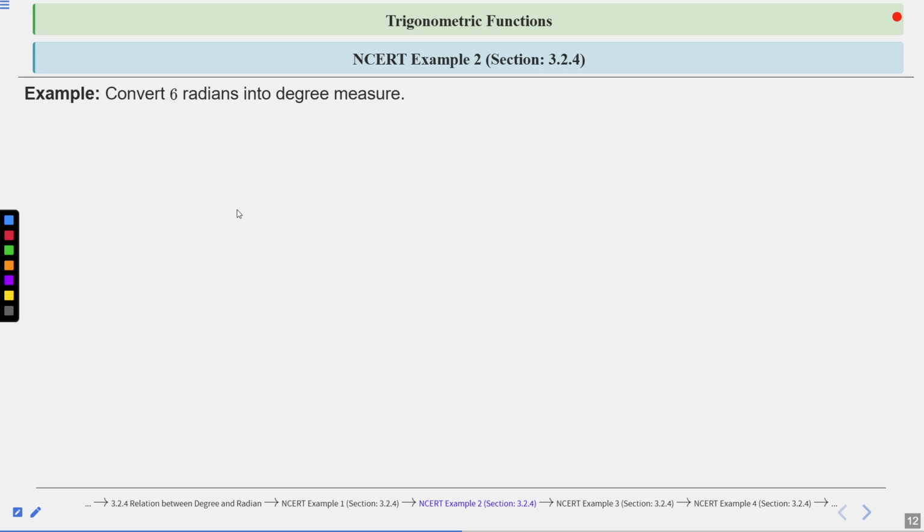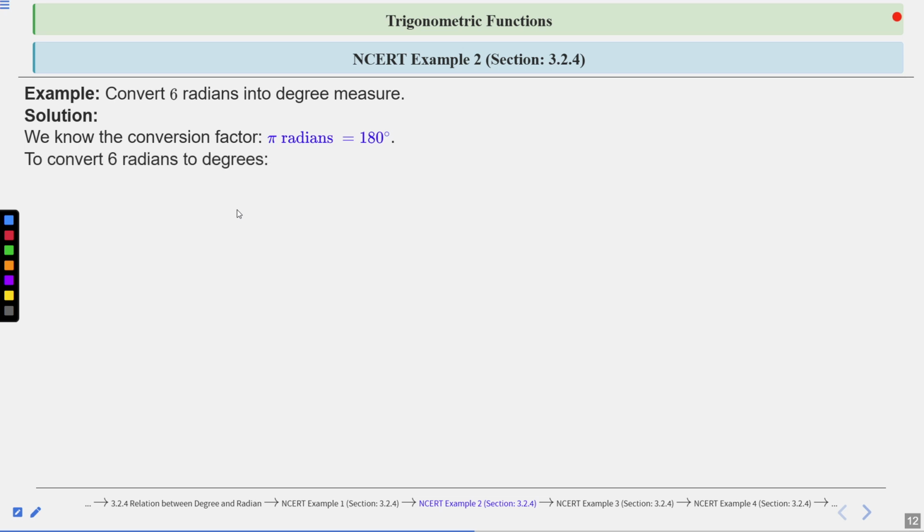Now this example. Here 6 radians is given to you and you have to convert this 6 radian into degree measure. Simple. Now the solution part. We know the conversion factor, which is pi radians is equivalent to 180 degree.